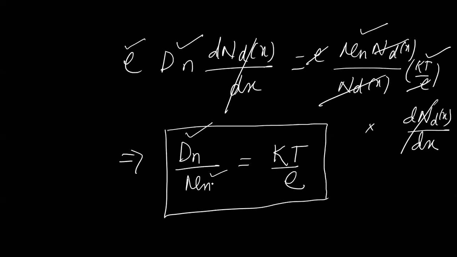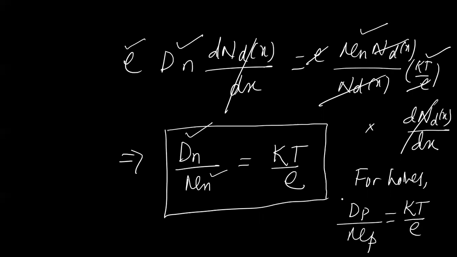The same way you can write for holes. If you write for holes, then D_p, the diffusion coefficient for holes, divided by mu_p, the mobility of holes, can be written as kT/e. This particular relationship between the mobility and the diffusion coefficient is known as the Einstein relation.